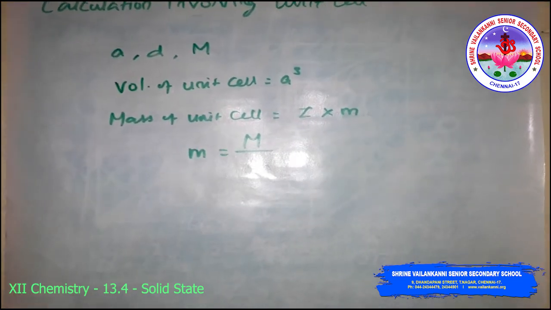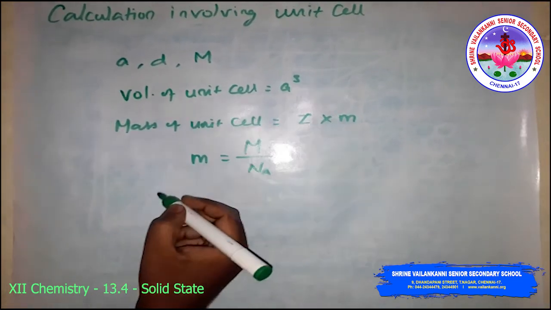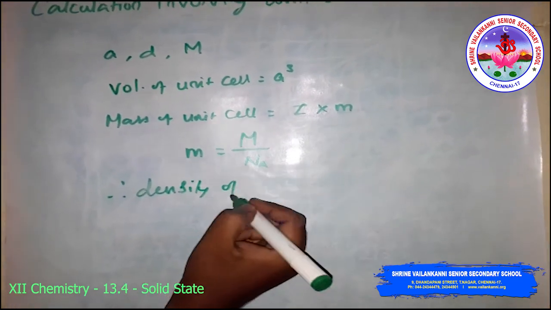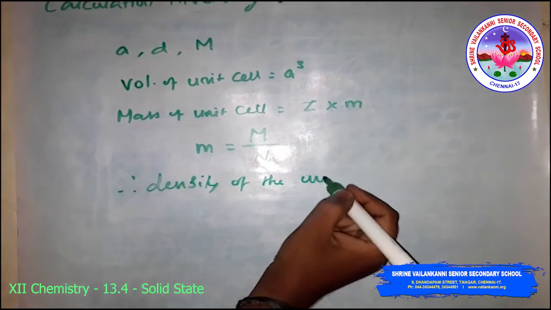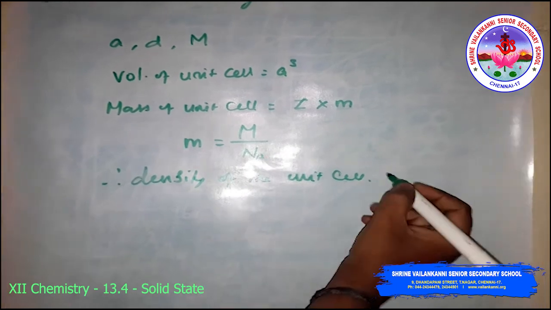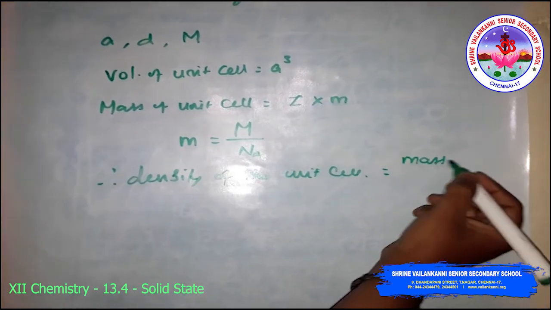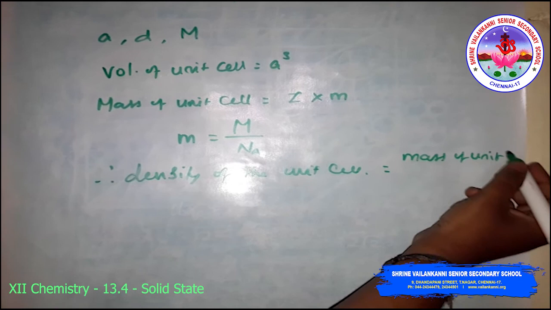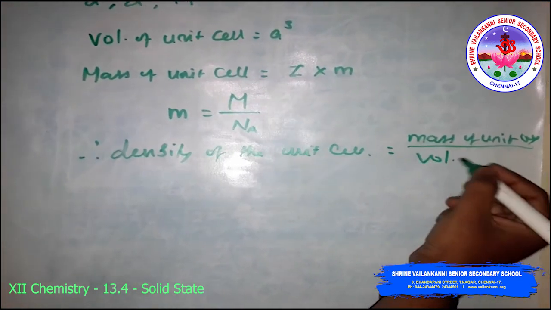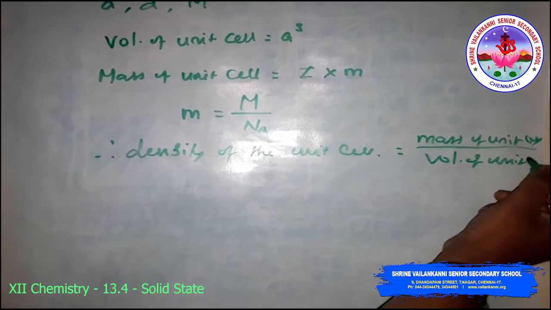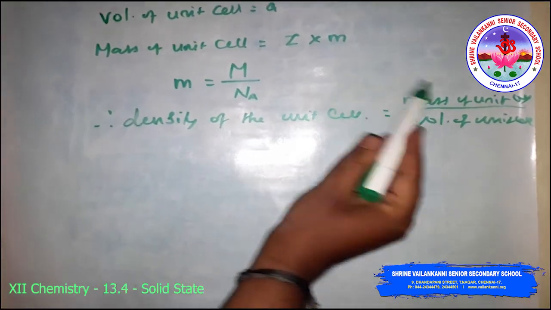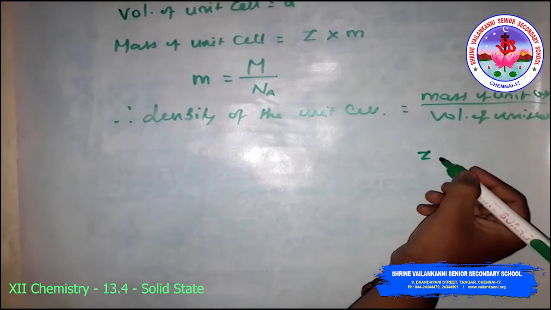So then, therefore, the density of the unit cell is what? Density of the unit cell is the mass of the unit cell divided by the volume of the unit cell. Here the mass of the unit cell is Z into m.